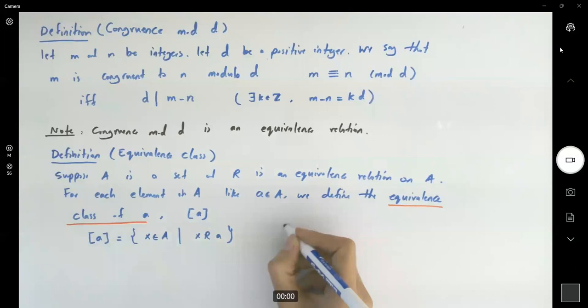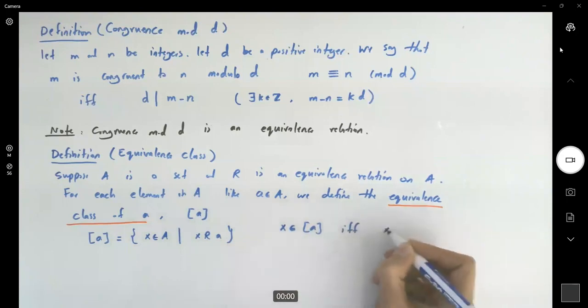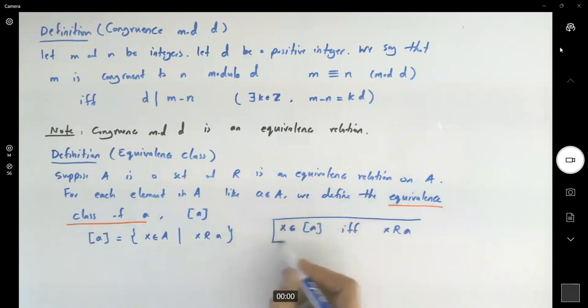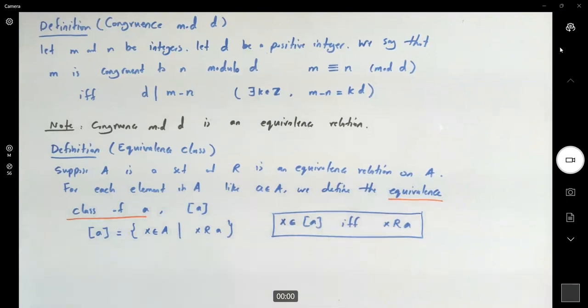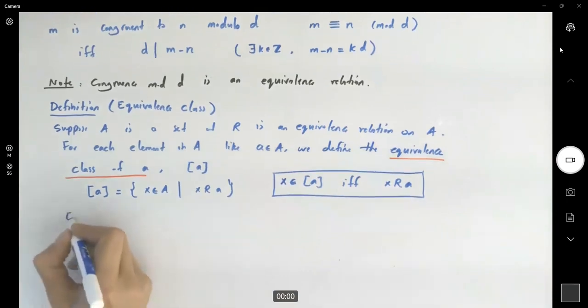So you can say that x is a member of this set if and only if x is related to a. Give us an example. What are you talking about? Take a look at this example.